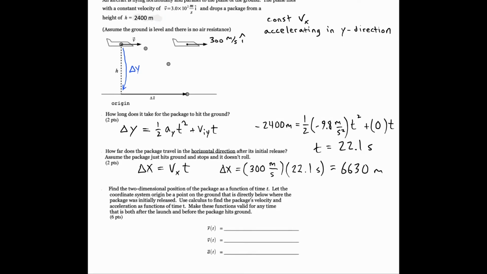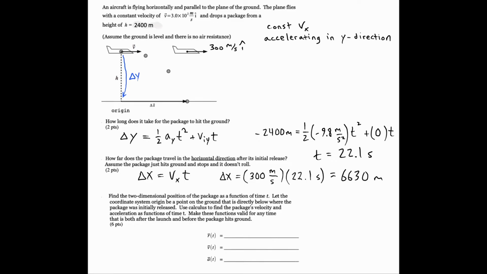So we want to come up with a vector form for the position of the object. Now, you can assume that the origin is the point directly below where the package was released. So it's like you're setting up a coordinate system right here. That's our plus x, this is our plus y.